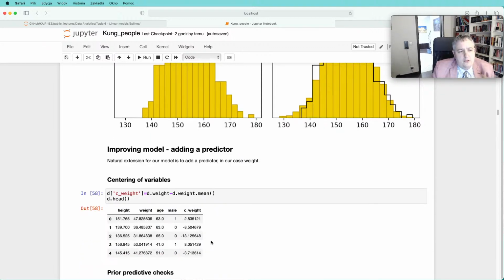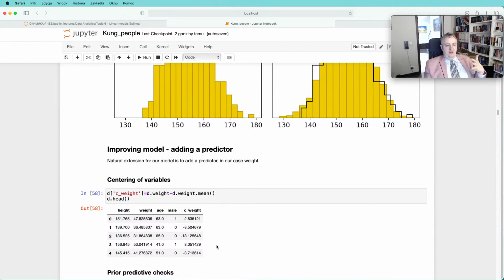For the purpose of modeling, we will be using centering. Why is that? Because we want easier interpretability of our parameters. We just take our weight measurements and remove the mean from them.